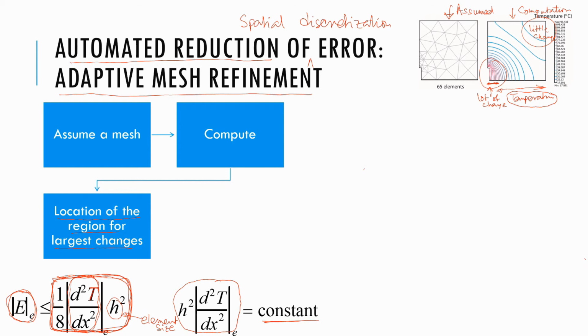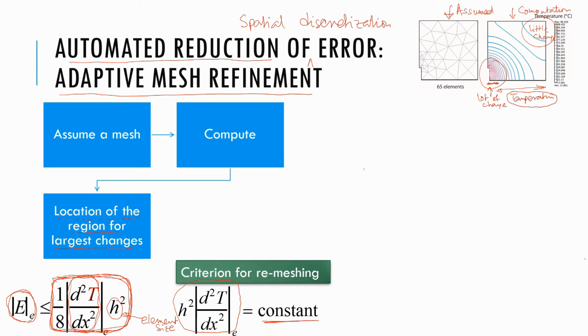I want to make that a constant because then that will give me a constant error over different elements. And so I can use that as the criterion for remeshing. How do I do that?